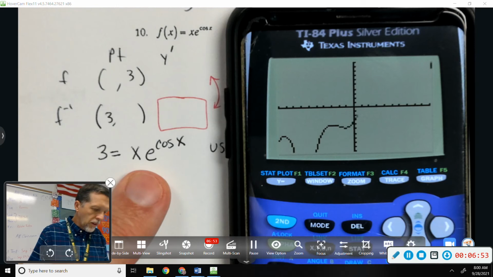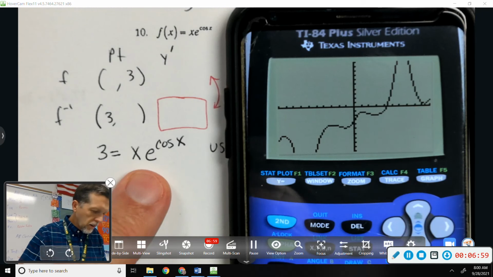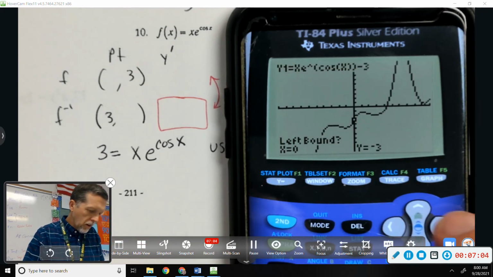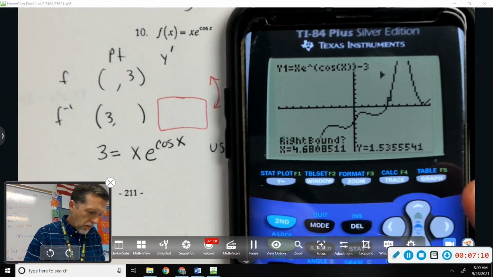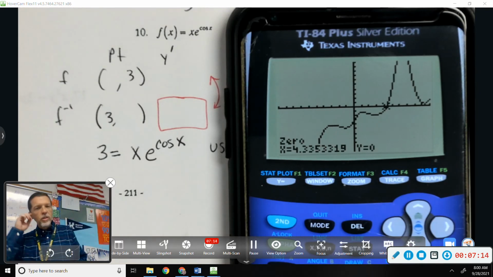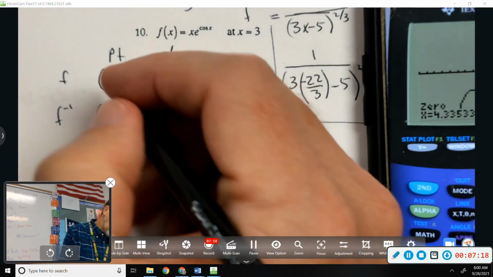So who knows what this graph looks like, but there's my 0 right there. So second calc, zero. Left bound, right bound, guess. So my x value from the calculator is 4.335.